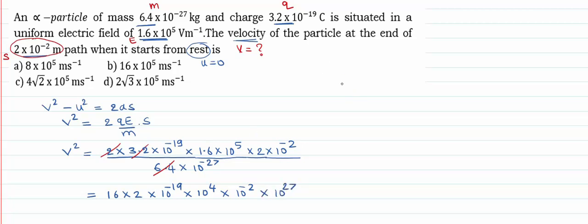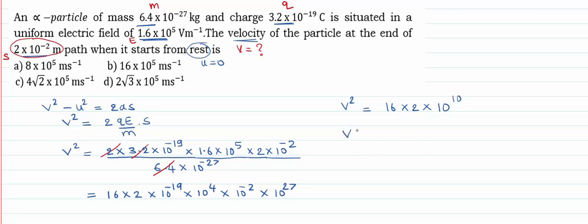So v square is equal to 16 into 2 into the powers of 10: minus 19 plus 4 is minus 15, minus 15 minus 2 is minus 17, and minus 17 plus 27 gives 10 raised to 10.